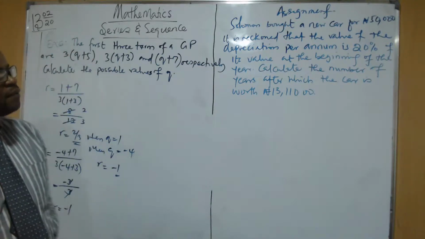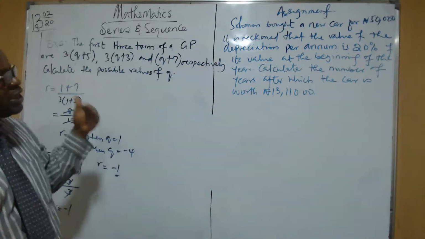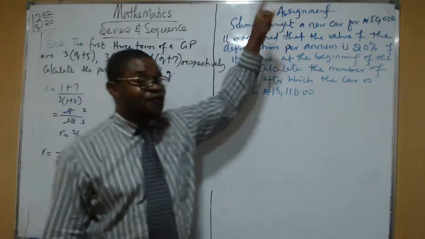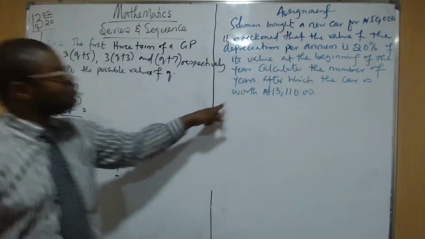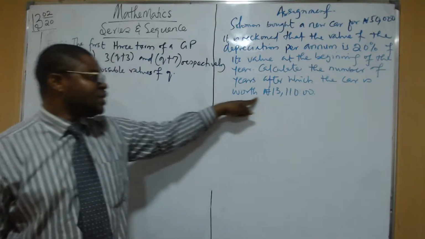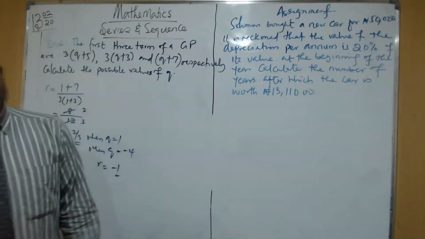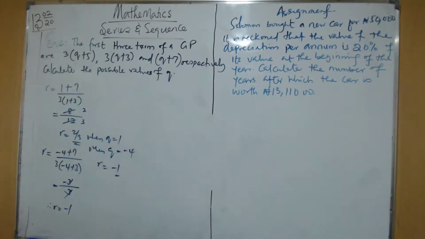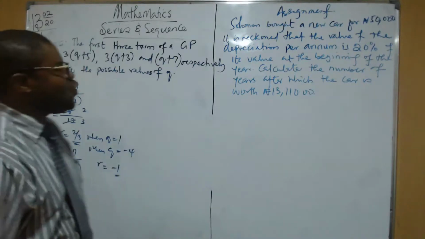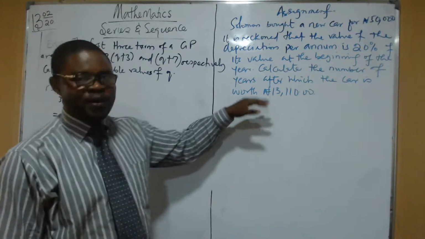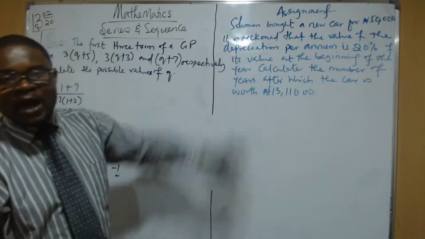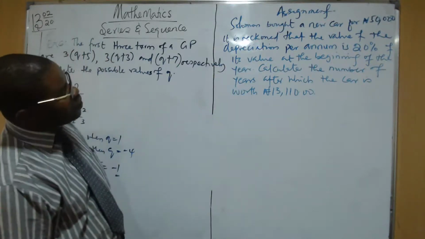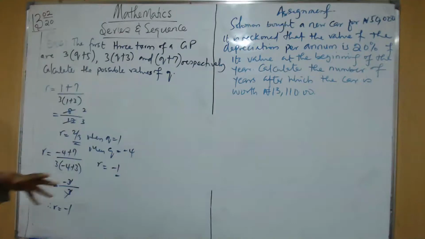So the first year, it depreciates by 20 percent, from the brand new 50,000 naira down to 13,110 naira. It is technical, though very simple. So in the next class, we're going to see the solution to this problem. Mind you, try this and let's see how we're able to solve a problem under series and sequence.